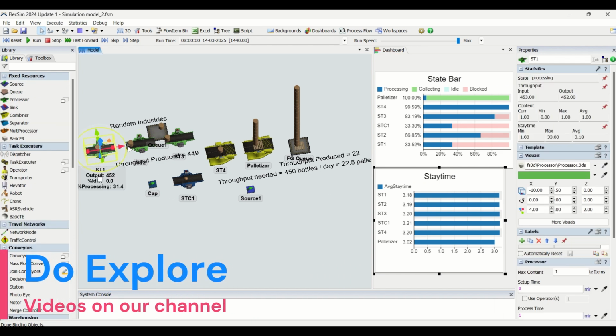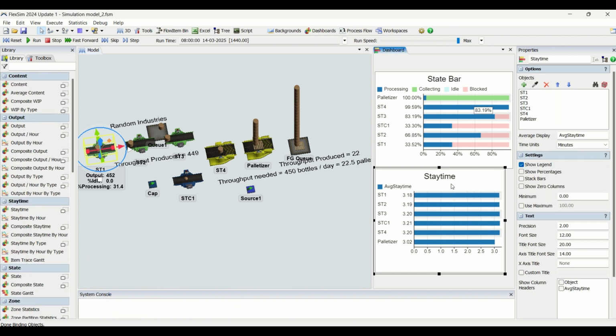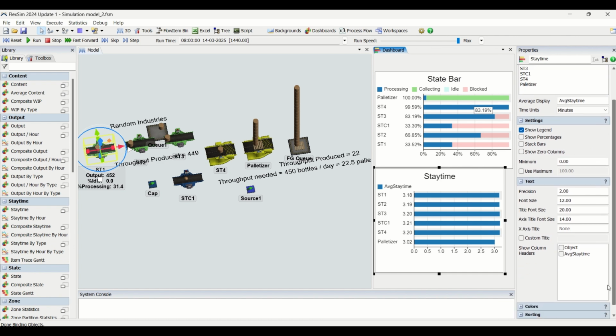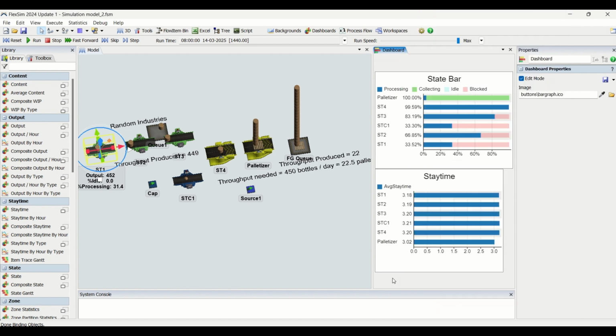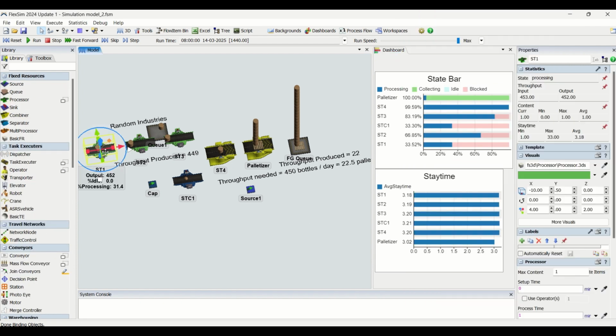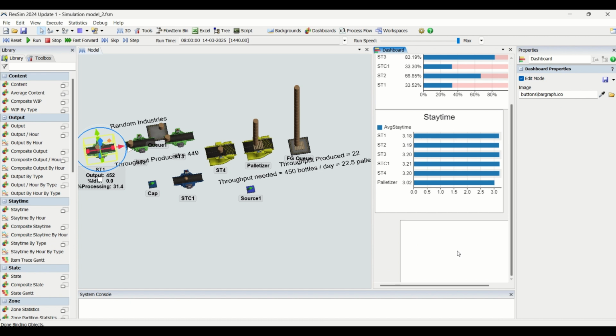For ST1, the average cycle time is 3.1, but I wanted to get the minimum cycle time. So I want a graph that helps me get the minimum stay time in the system. I pin this and take a histogram.